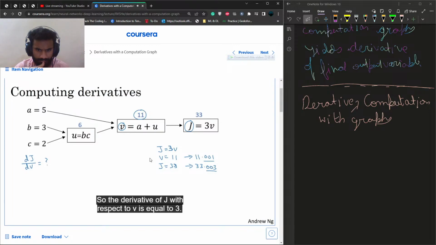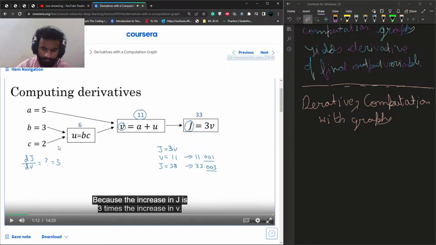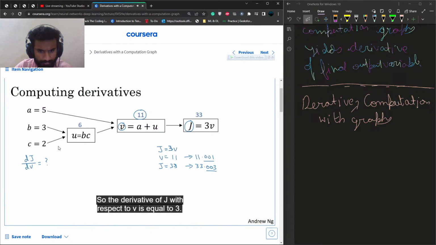So the derivative of j with respect to v is equal to 3, because the increase in j is 3 times the increase in v.